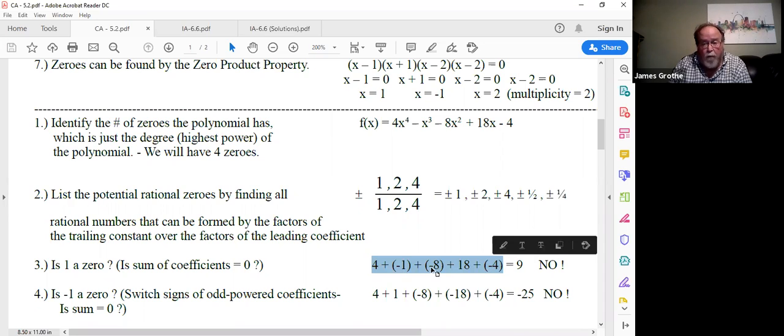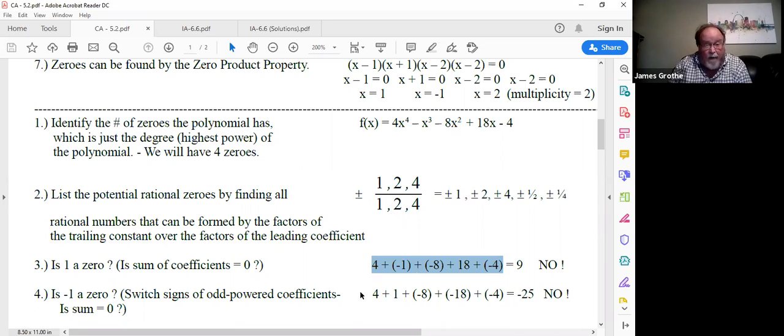So that told me I could have as many as 3 positive real zeros. But remember, we could have less. We count down by 2. So I could have 3, or I could have 1 positive real zero. But it does tell me something. I know there's going to be at least 1 positive real zero. It could be as many as 3.